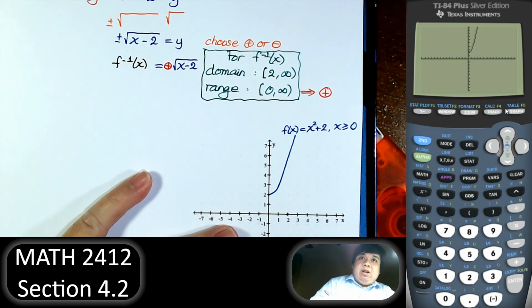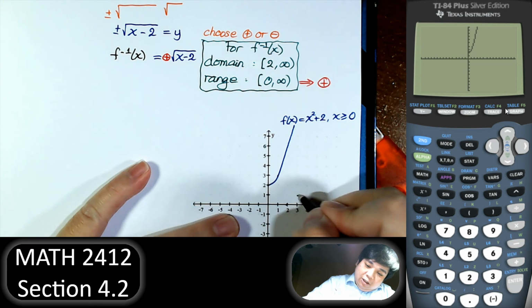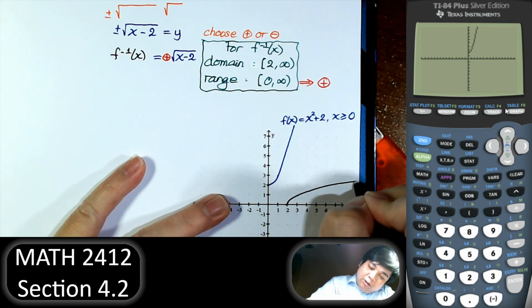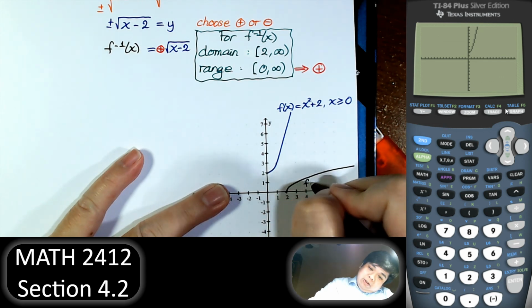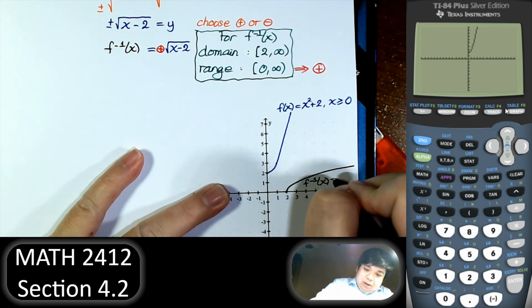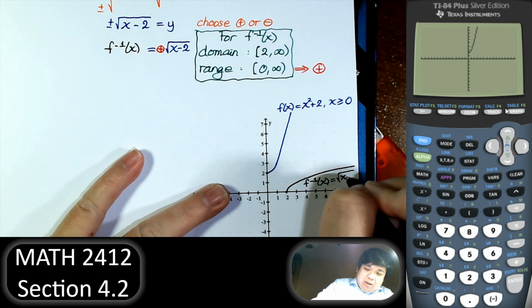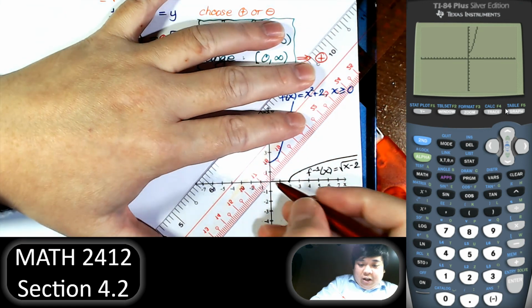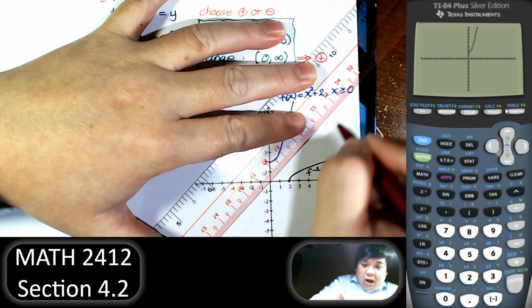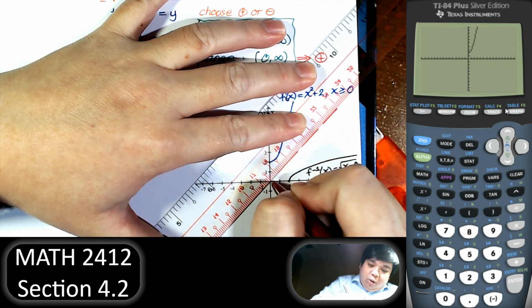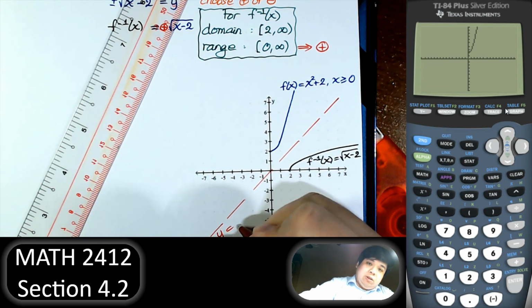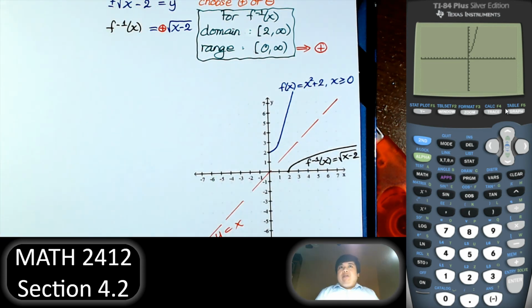Well, that's easy, right? So this is the inverse, square root of x minus 2. And the graph of the function and the inverse must be symmetric on the line y equal to x. So if we draw a line y equal to x, the graphs are perfectly symmetric.